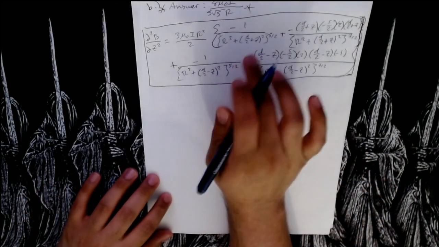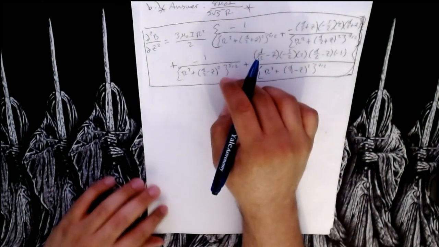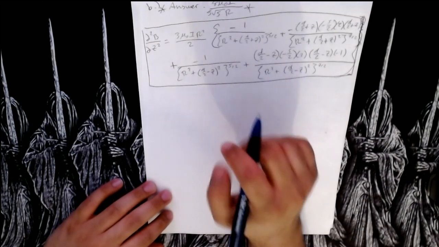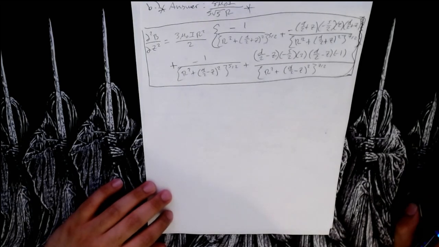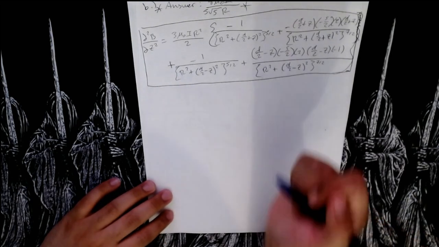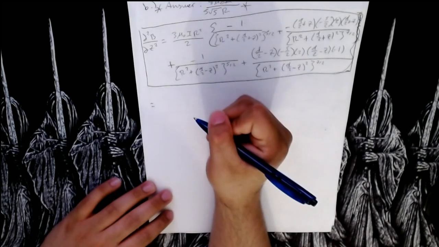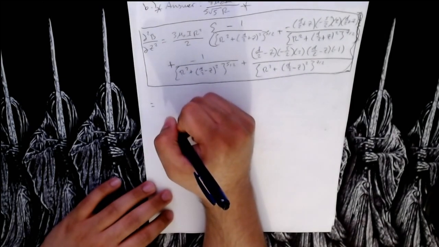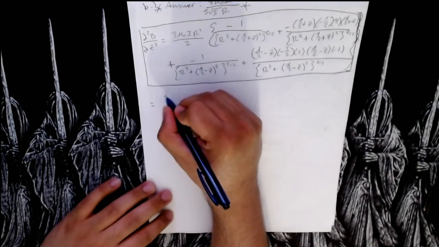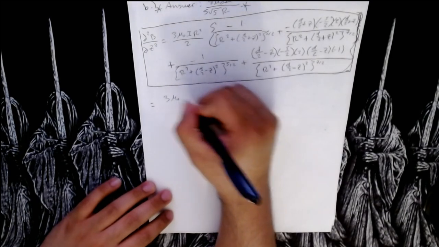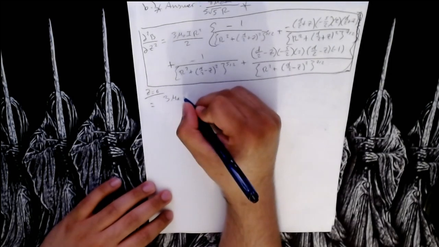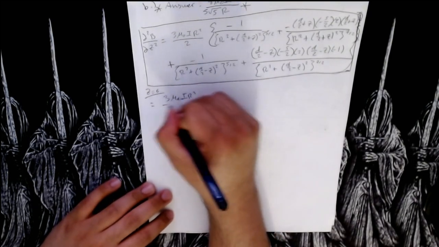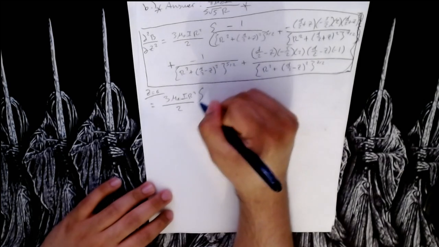So now we just have to evaluate this when z equals 0. So, right? Yes, at the midpoint. Okay. Let's see. So, okay. We have, at z equals 0, 3 mu naught I r squared over 2.